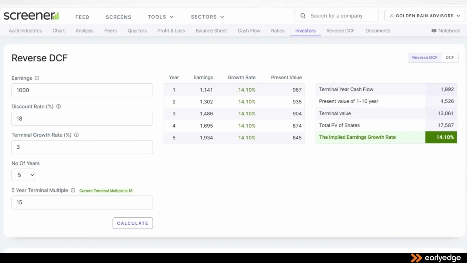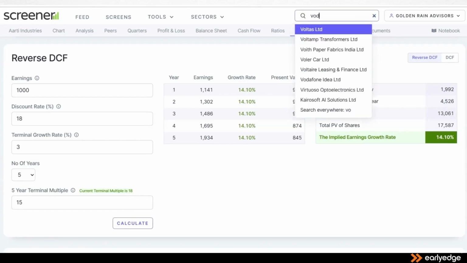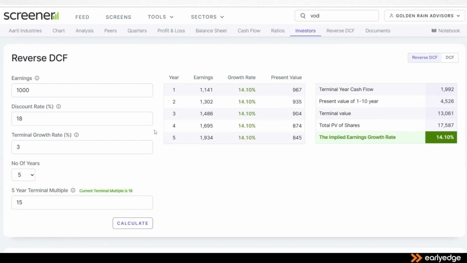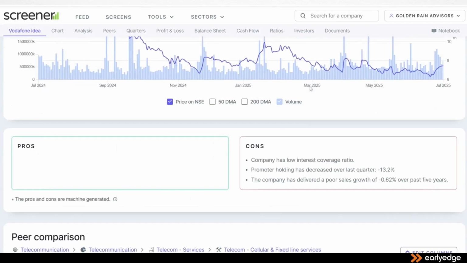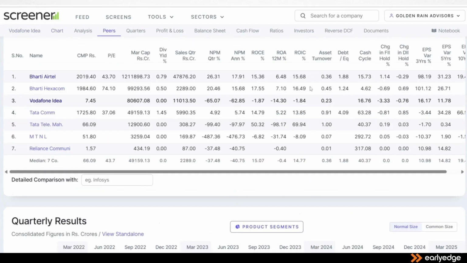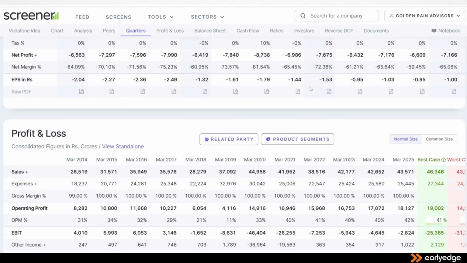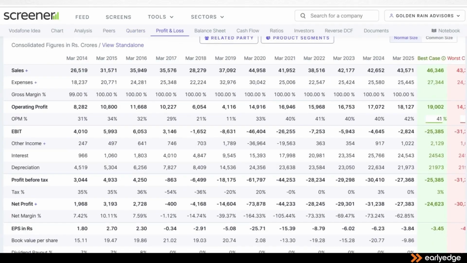Next, a distressed company. This tool doesn't work. I would not suggest it, for example, for Vodafone Idea. You would not even know where to start. You do the smart analyze. It throws you the number, it throws you the operating margin, it throws you this weird, I mean, there are going to be calculation errors here.